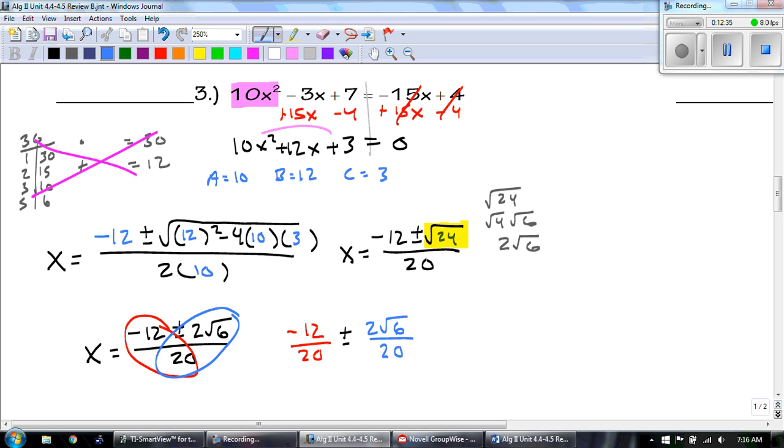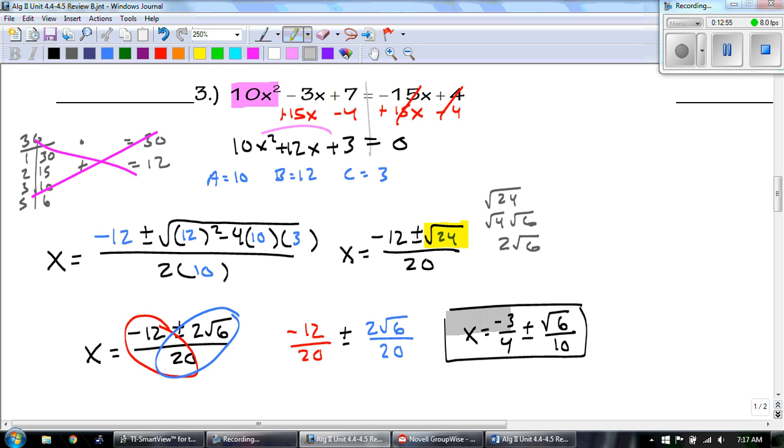Negative 12 over 20 ends up being negative 3 over 5 plus or minus 2 divided by 20, which is going to be 1/10. So square root 6 over 10 is your final answer. We have negative 3 over 5 plus or minus square root of 6 divided by 10.